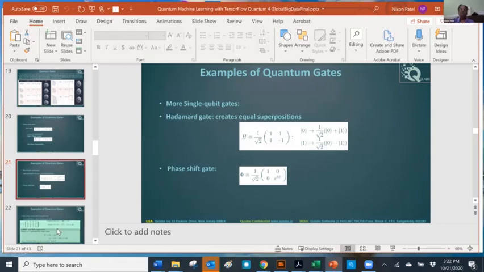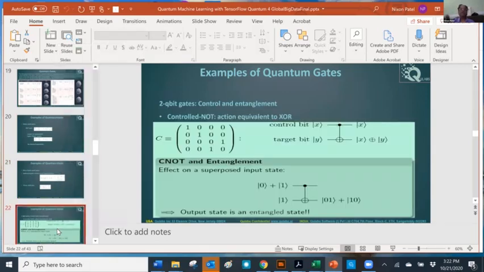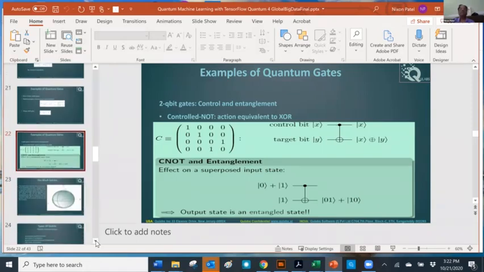I'm just quickly going through that because of lack of time. But these are single-qubit and 2-qubit gates for controlling and creating entanglement, and thereby applying these techniques for doing calculations.